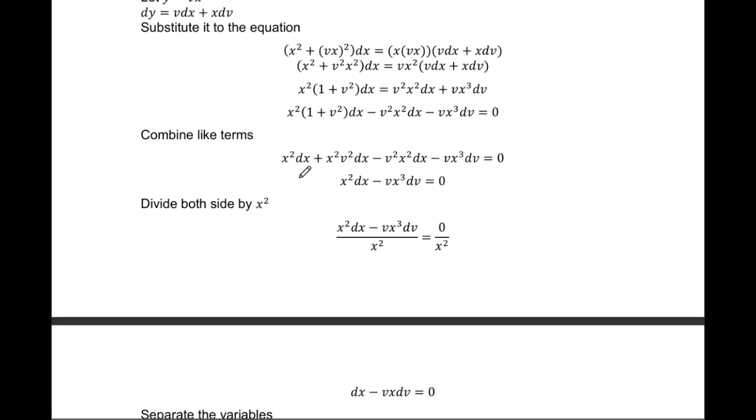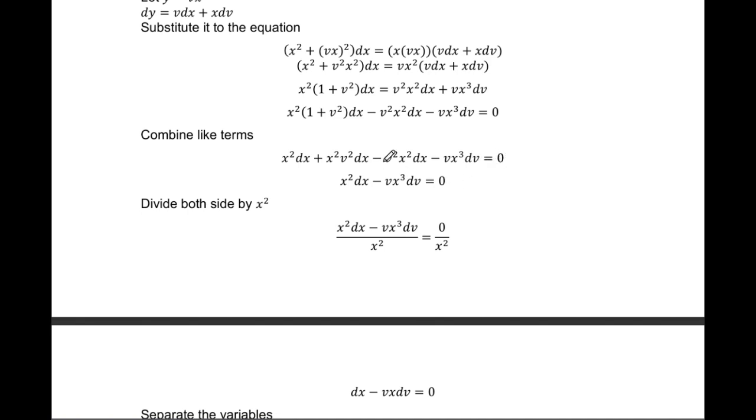So let's equate it to 0 and combine like terms. So we have x squared times 1 plus v squared dx minus v squared x squared dx minus vx cubed dv is equal to 0. So we have x squared dx plus x squared v squared dx minus v squared x squared dx minus vx cubed dv is equal to 0.